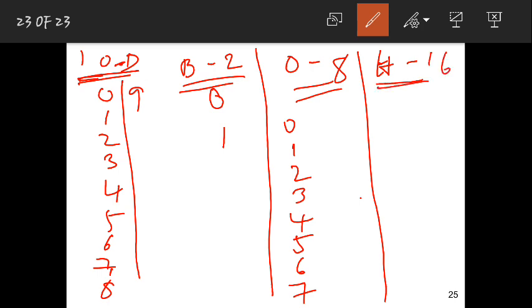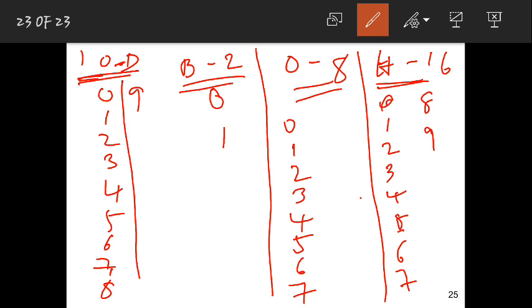It starts from 0, 1, 2, 3, 4, 5, 6, 7, 8, 9, and after 9 you will have 10, 11, 12, 13, 14 and 15. 0 to 15 makes 16 digits of hexadecimal.